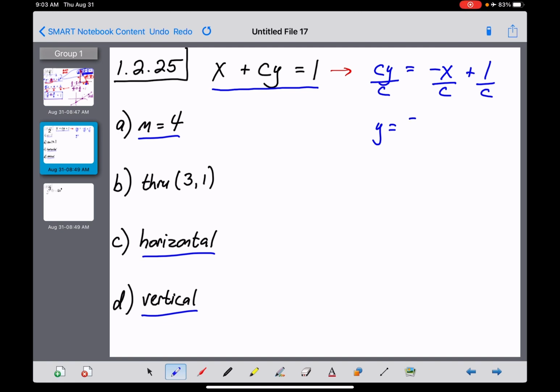I'd probably write this as a negative 1 over c multiplied by x, so that my slope, the coefficient of x, is negative 1 over c, and my y-intercept, can't do anything to clean that up, is 1 over c. So what I'm boxing up right now is the same equation we started with, but in a form that's a little bit simpler to deal with.